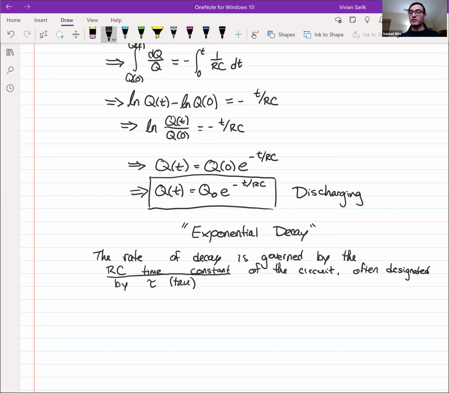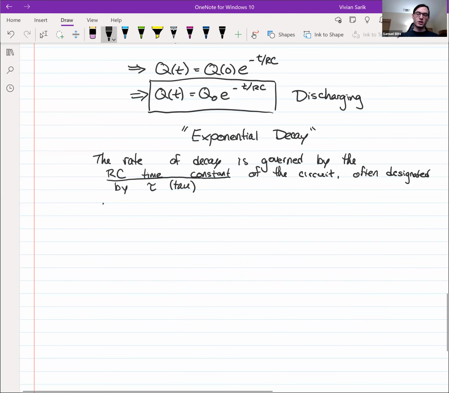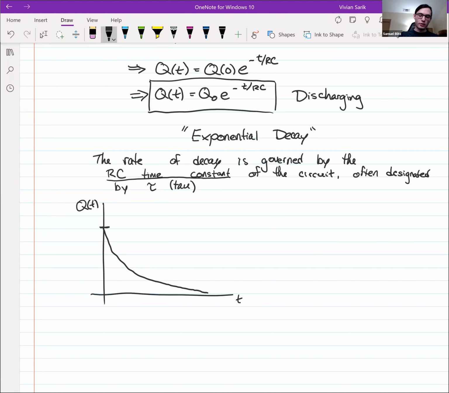So if we were to plot this function, or the charge as a function of time, it would look something like this, where here we have q naught, and this function here is q naught times e to the minus t divided by tau, where tau is RC.